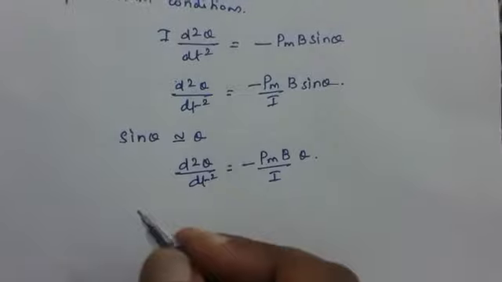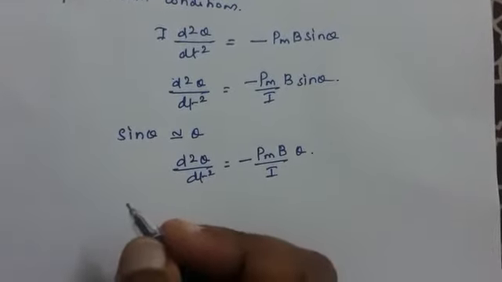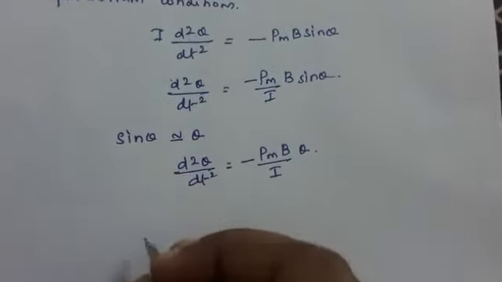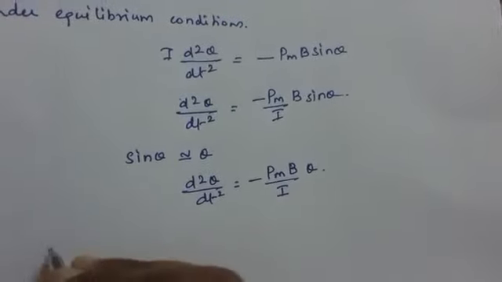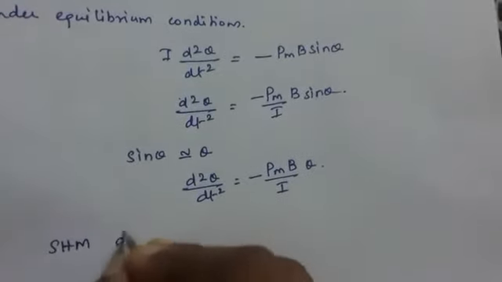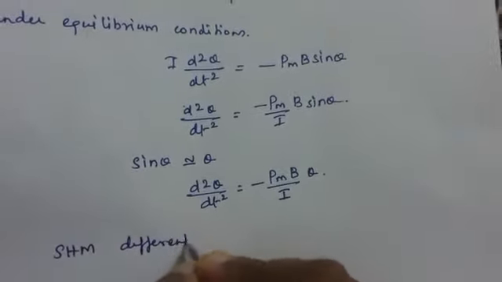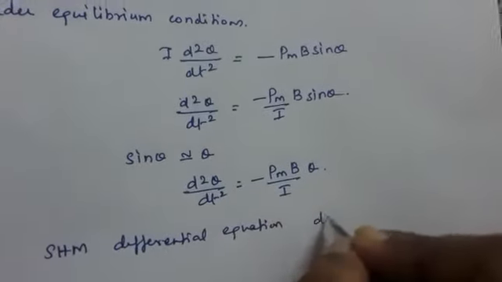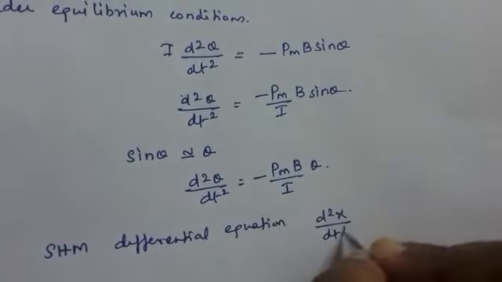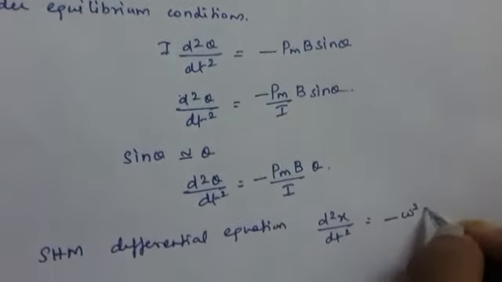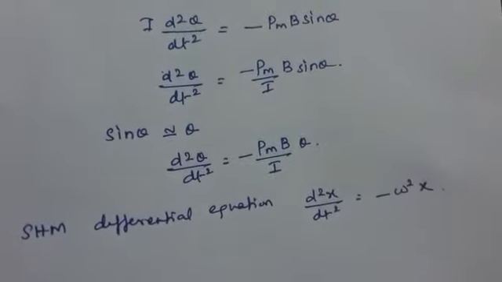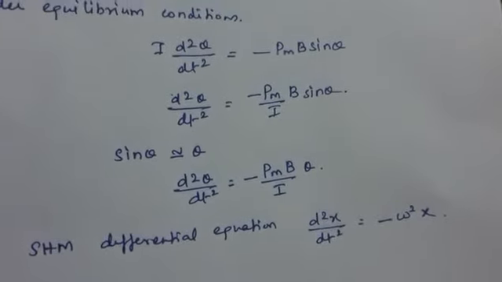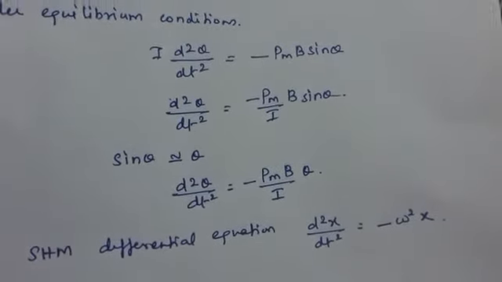Now, already we know the simple harmonic differential equation. The general form of simple harmonic differential equation is d square x by dt square is equal to minus omega square x. This is the general form of the differential equation.